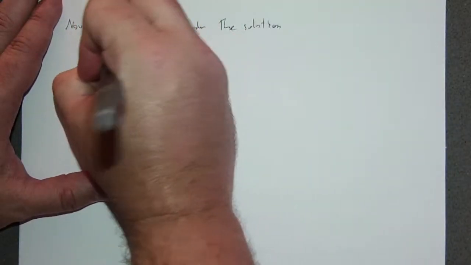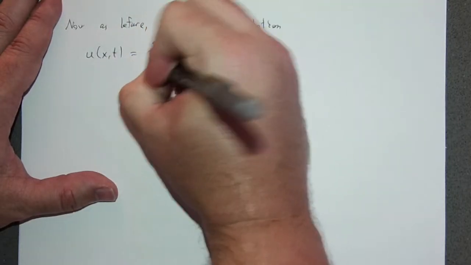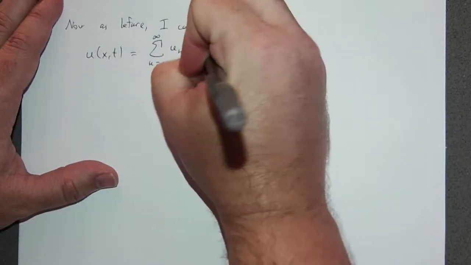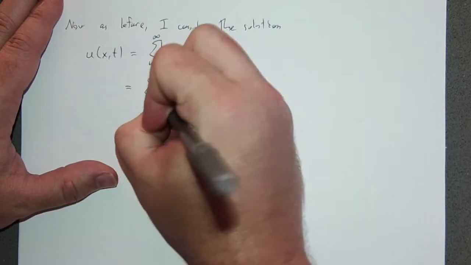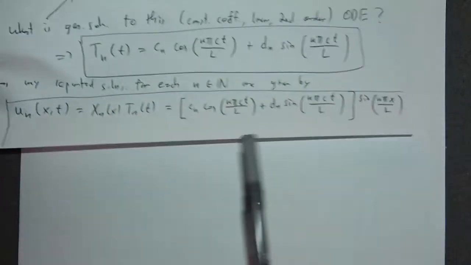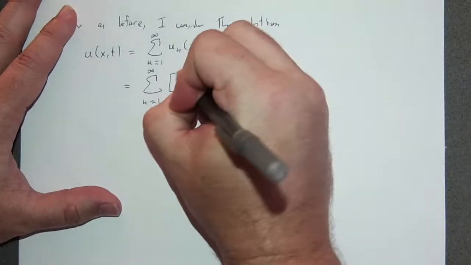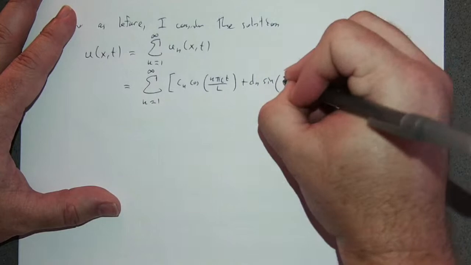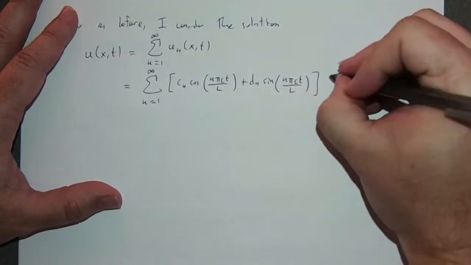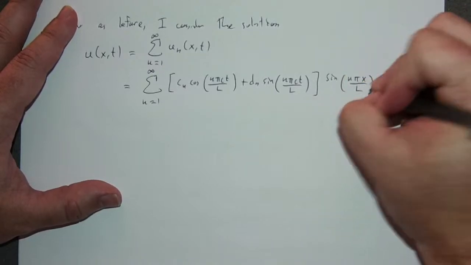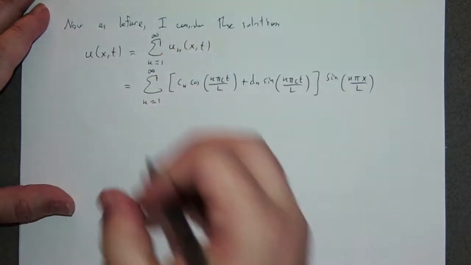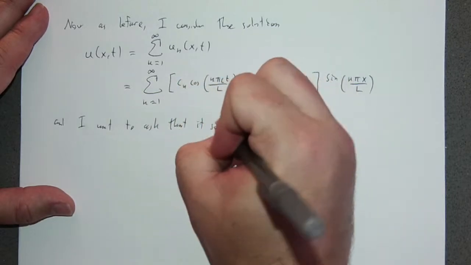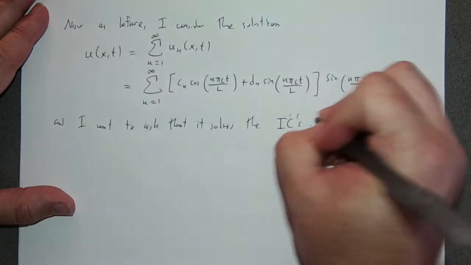So I consider the solution u of x, t, which is the sum from n equals 1 to infinity of the u sub n of x, t's, which is the sum from n equals 1 to infinity of, just copying this expression here, c sub n cosine of n pi ct over L plus d sub n sine of n pi ct over L, times sine of n pi x over L. And I want to ask that it solves the initial conditions, right?